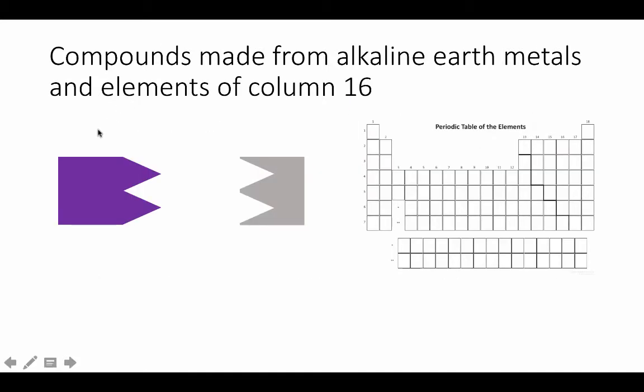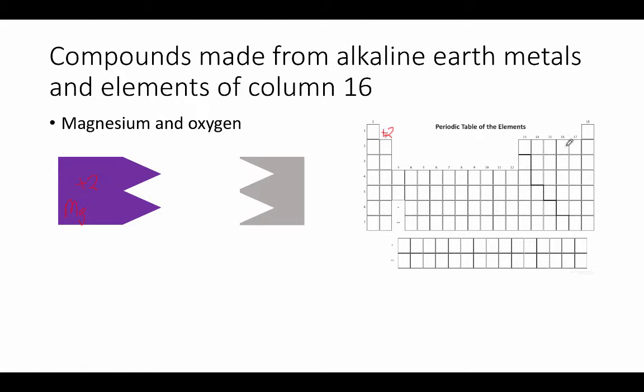The next thing that we need to consider is compounds made from the alkaline earth metals and elements of column 16. So, for example, magnesium and oxygen. Magnesium, being part of the alkaline earth metals, forms a +2 ion. So again, our purples are going to be here, and this is going to be Mg+2. And oxygen forms an oxide ion with a -2 charge.